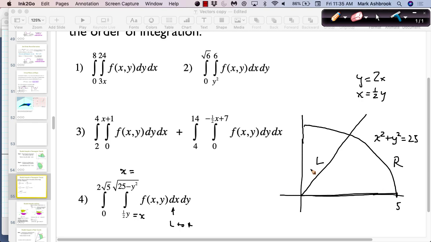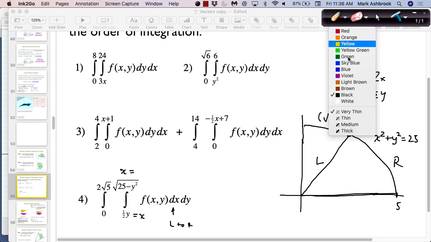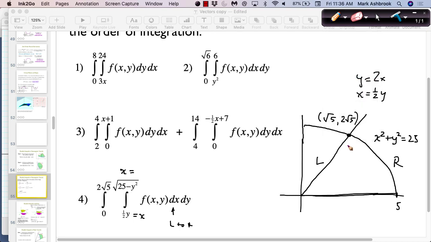It could be anywhere here, but it does turn out to be this intersection. So this is root 5 and 2 root 5. Gotta use the colors.